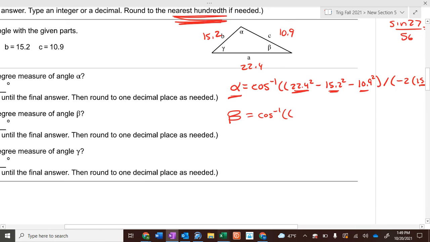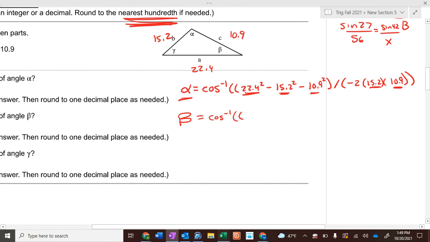Now, to find angle beta, we could go back and use law of sines, or we'd use law of cosines, and all you have to do in your calculator is switch these two and make this one 22.4 instead of 15.2.